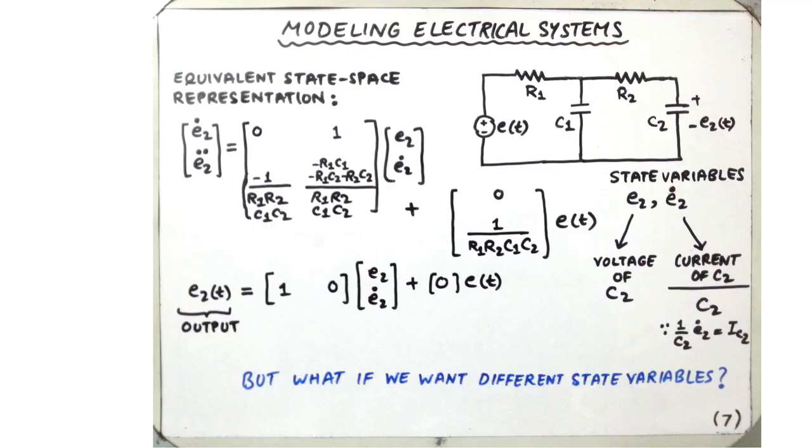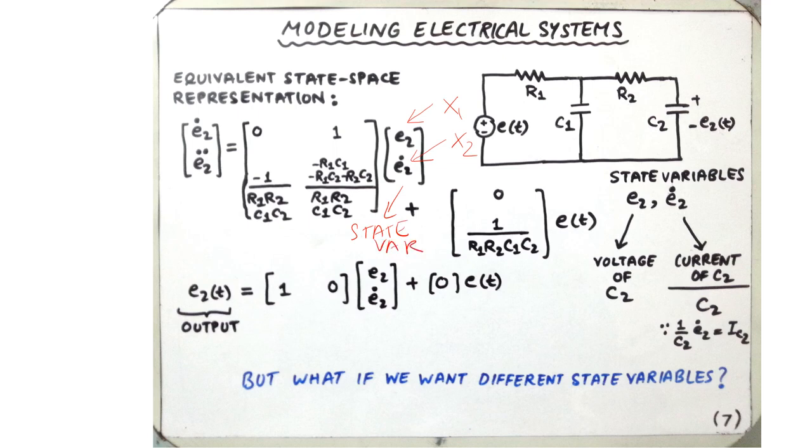For example, we can choose the state variables as E2 and its derivative E2 dot. Now in this case, I'm not going to assign new variables such as x1 and x2 as has been our convention in the previous lectures. We can still do that, but I think in this case, I would just like to work with E2 and E2 dot. These are going to be our state variables.